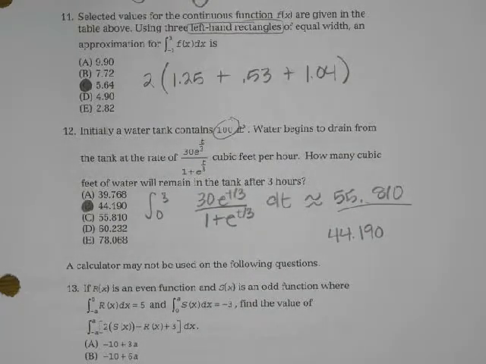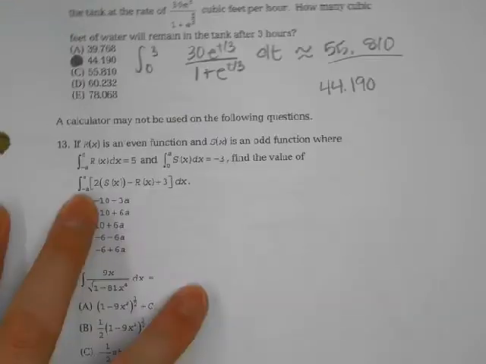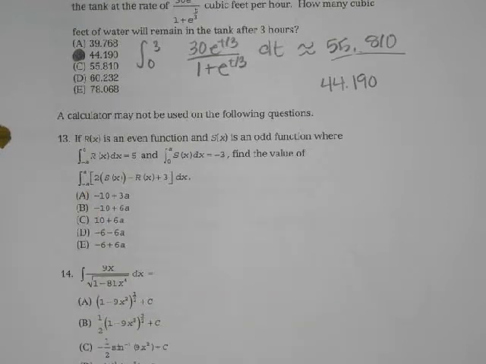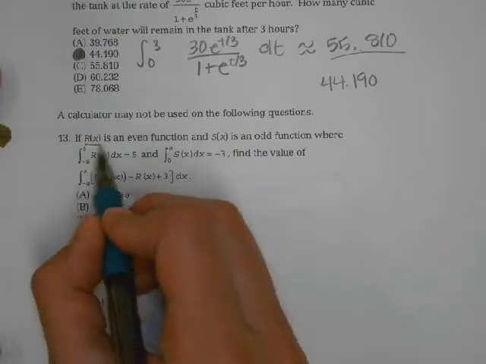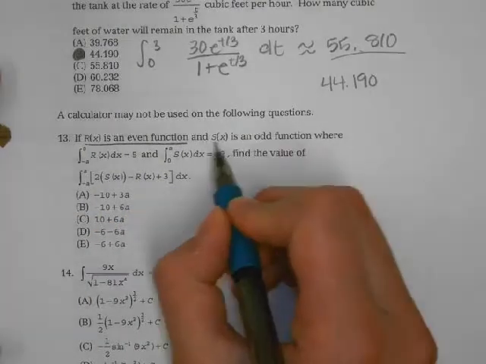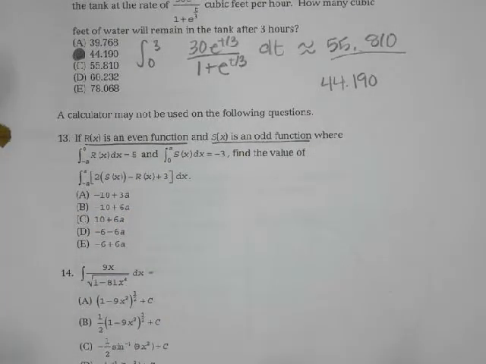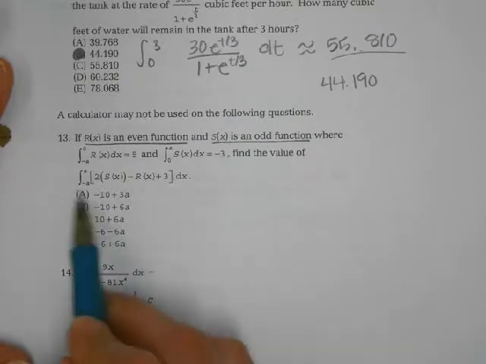All right, now we're going back to not being able to use a calculator. So here in number 13, they told us that we have an even function and we have an odd function, and then we have this kind of interval thing going on right here.